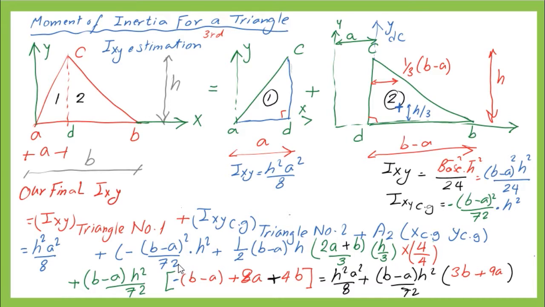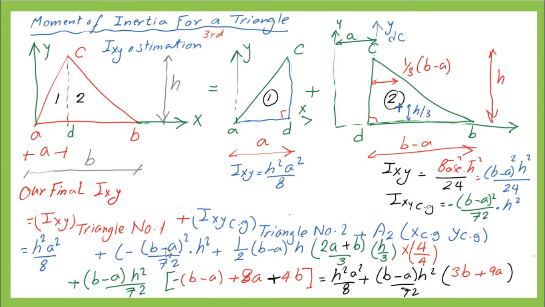Since we have the 72 here, and we have denominator 3 by 3 by 2, which will give us 18, I'm going to convert it to 72 by multiplying by 4 divided by 4. So we have a common 72 in the denominator, and we have here B minus A multiplied by H squared as a common numerator factor.